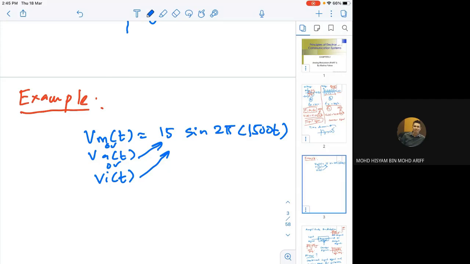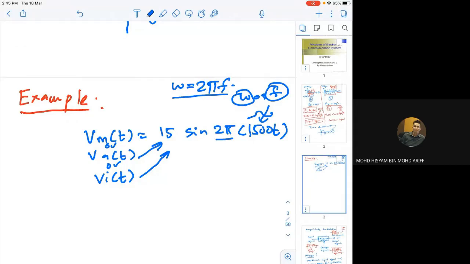Right now I want to tell you something. This value, 1500: is it omega or frequency? Frequency. Remember, because omega equals 2 pi f. Some students don't understand this.